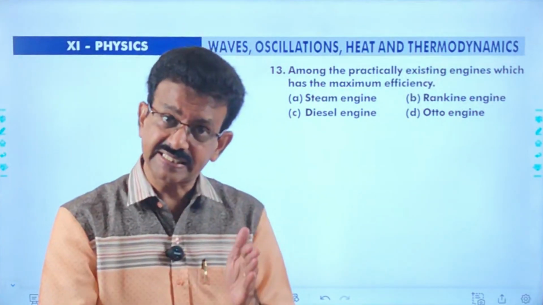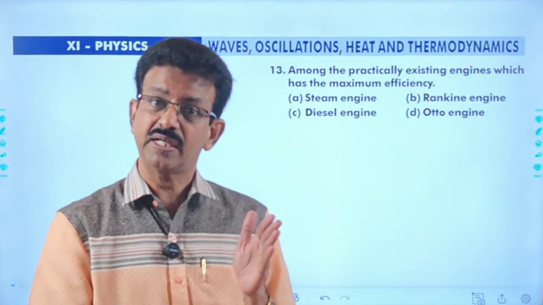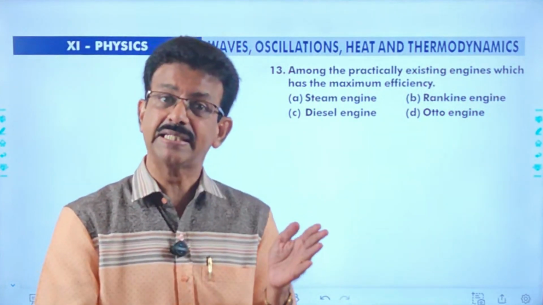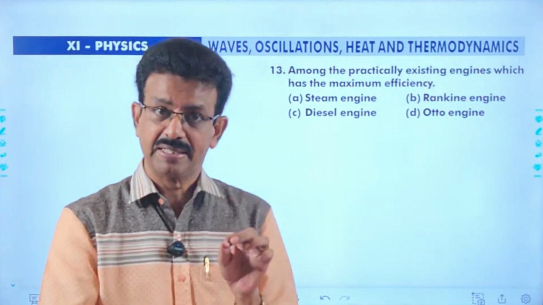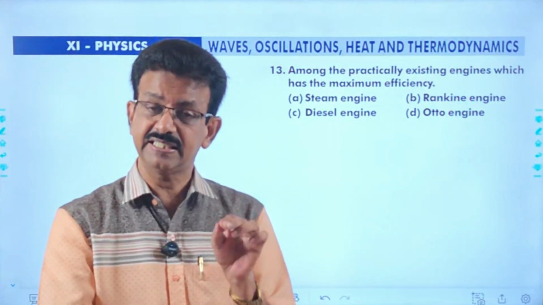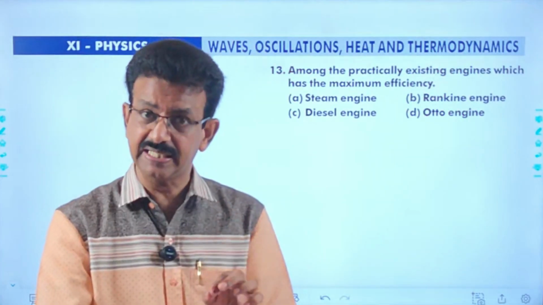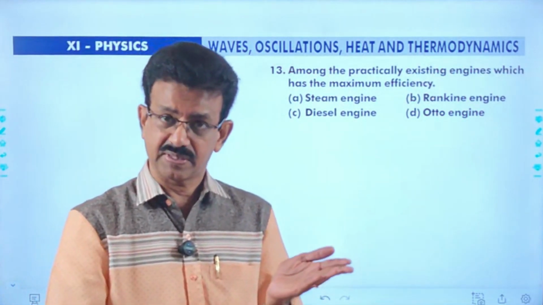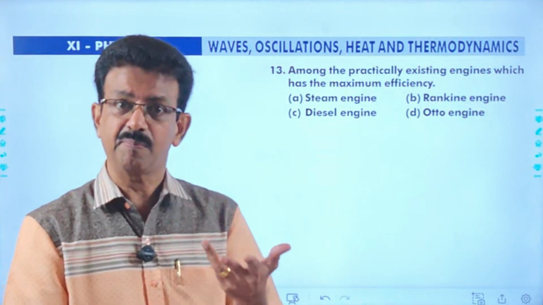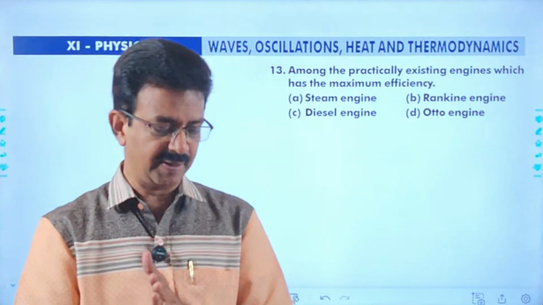Then diesel engine, it follows diesel cycle. The maximum possible efficiency is 63%. Among the practically existing engines, the maximum efficiency is for diesel engine. It has very high power output, then maximum efficiency up to 63%.